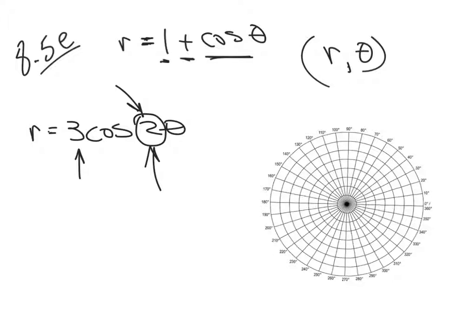But because it's a cosine instead of a sine, instead of it looking like this, when you're all done, it's going to be shifted to actually look like this. So even though it's a cosine, it's still going to give you that rose look. It's just going to be up and down instead of like at the 45-degree angle like the red one. But at least it gives you a picture of what it looks like, so when you're starting to graph it, you can graph one of those rose loops and then go from there.